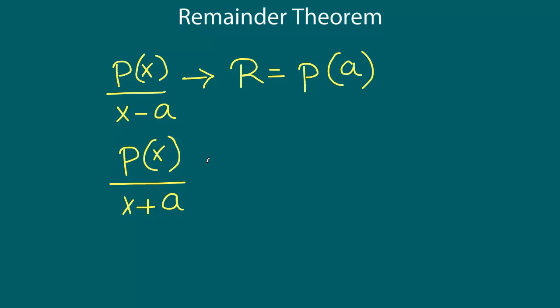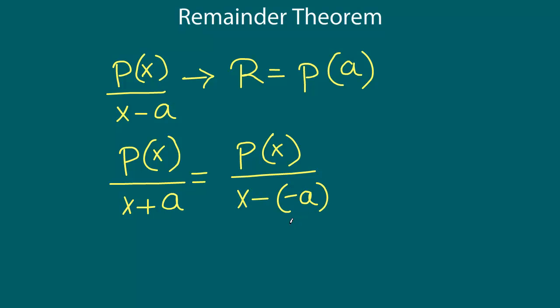All we do is that, instead of writing it as x plus a, we write this as x minus (minus a). So if we write it in this fashion, then this becomes the same format as this, right? In that case, we can tell that the remainder now will be the value of the polynomial at minus a.